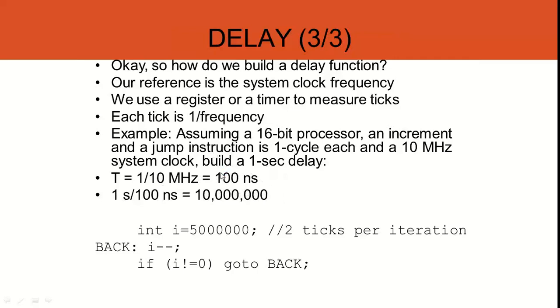So executing one instruction will consume 100 nanoseconds. Now, if we want a delay of 1 second, then how many time periods are required? So that is the delay time, 1 second, divided by the time period of the clock, that is 100 nanoseconds. So it is equal to almost 10 million.